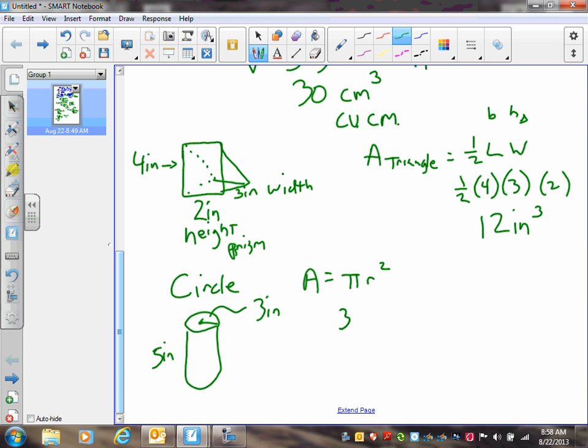Now I will go to 3 squared, because that's the radius, and this is the height, so I will multiply that by 5.